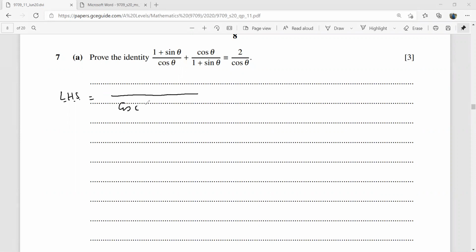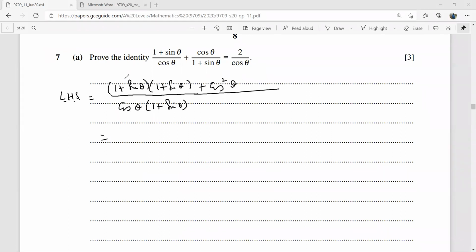This is cos theta into 1 plus sine theta. This is 1 plus sine theta into 1 plus sine theta. And then you have plus cos square theta.